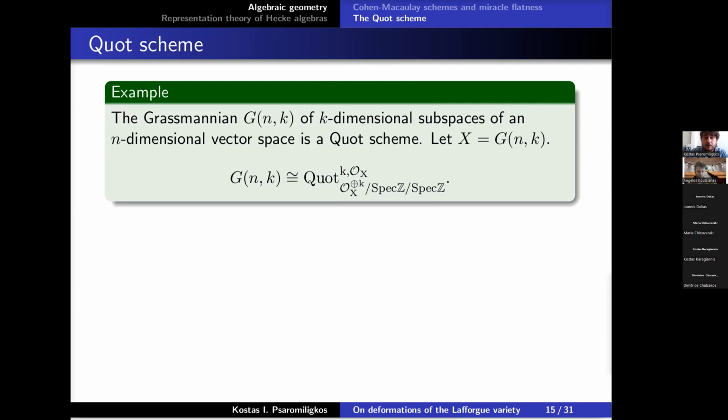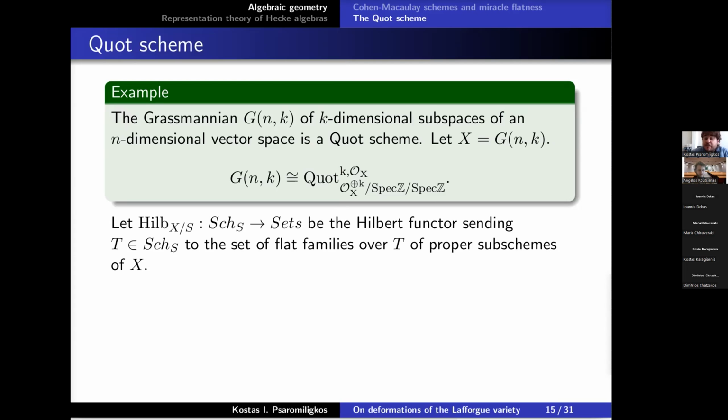And another object that is also more familiar is the Hilbert functor that parametrizes flat families of proper subschemes of X, like the Hilbert scheme of points.